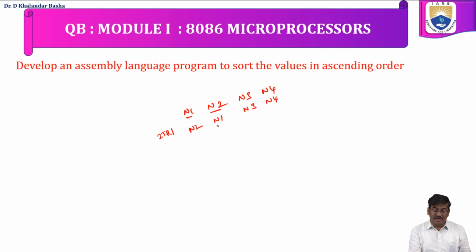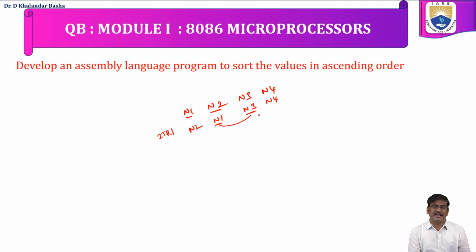In the next iteration, the second data is checked with the third data. Assume N1 is the biggest value in the given series N1, N2, N3, N4. Because we need to arrange in ascending order, I'm taking N1 as the highest value so that it has to go to the last position. So when we compare N1 with N3, the same procedure applies.